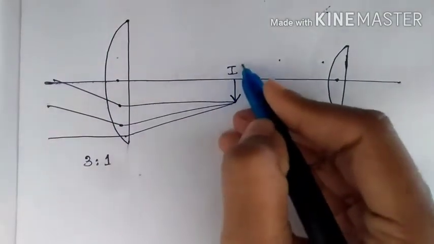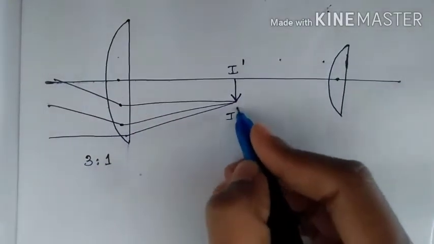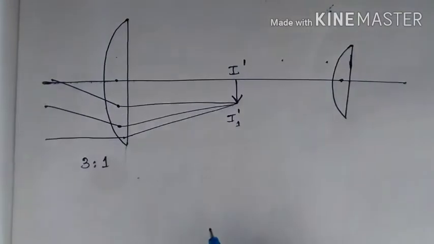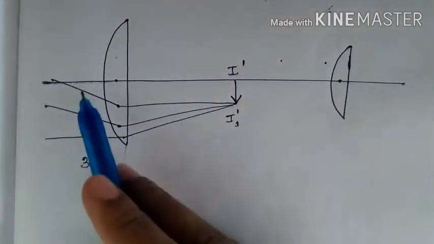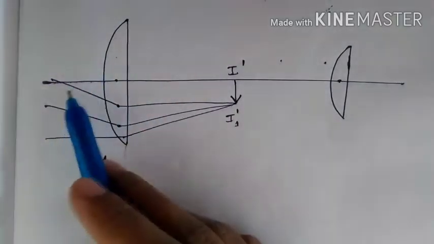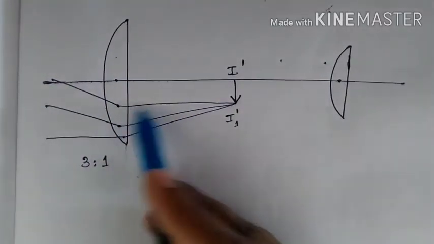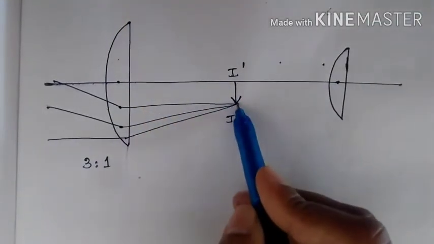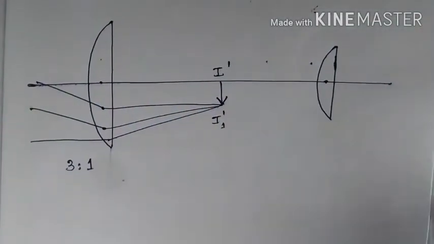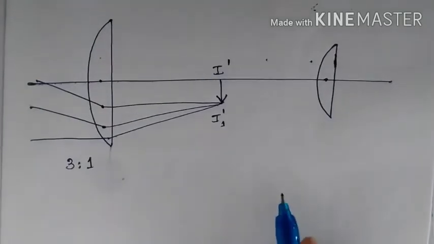So this is I prime and I prime 1. So what is happening? The converging rays from the objective lens are converged by the field lens and an image is formed, but the image of the objective lens is not formed.